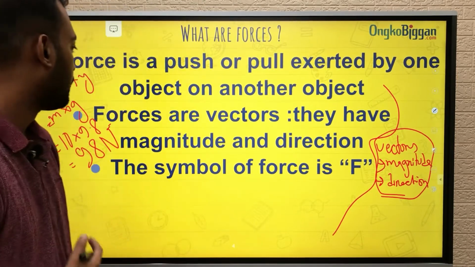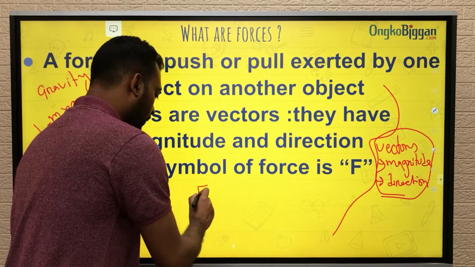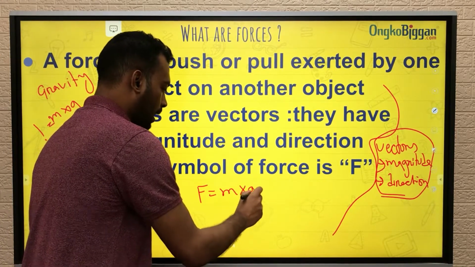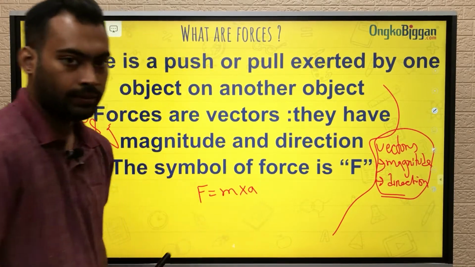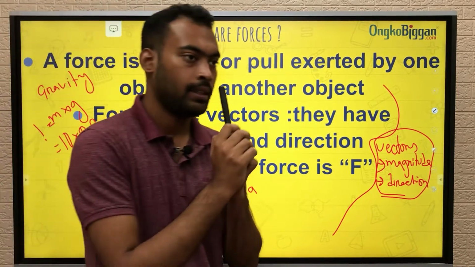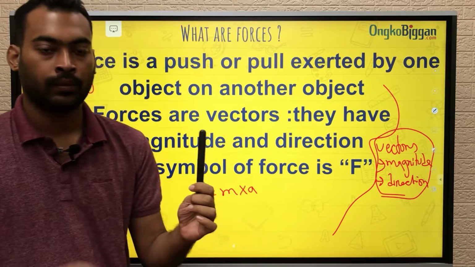Now there could be other forces as well. Suppose F is equal to mass into acceleration. Now why is that? Suppose this is an object with a mass of 10 gram, as I said. Now forget about the gravity.